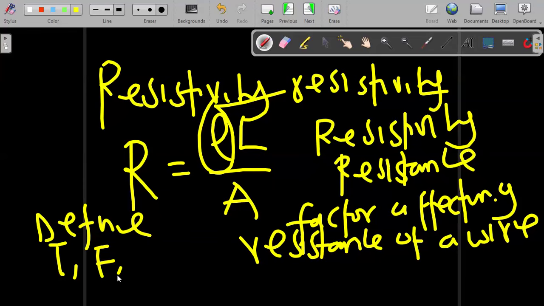Have you seen the first one? Yes, sir. Okay. Read and memorize any 2. You write it down tomorrow morning.